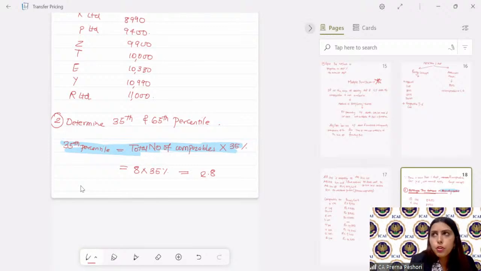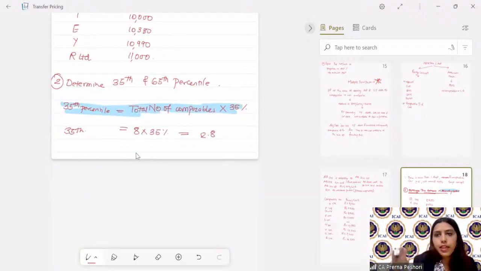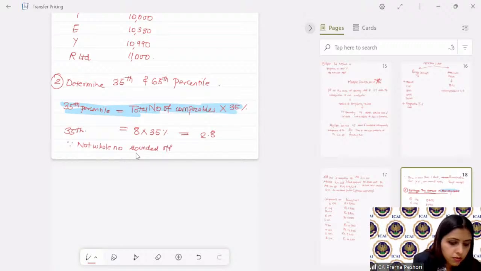Now, if this particular figure, the 35th percentile or the 65th percentile, is not a whole number, then round it off to the next number. Since it is not a whole number, rounded off to the next number, which will be 3.